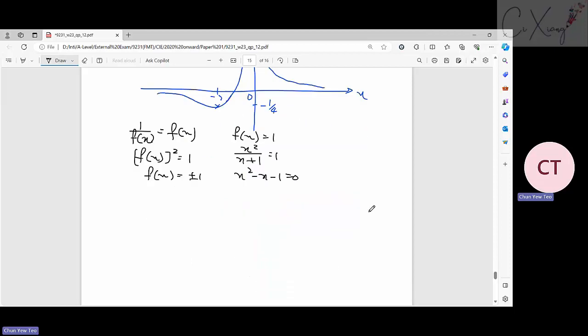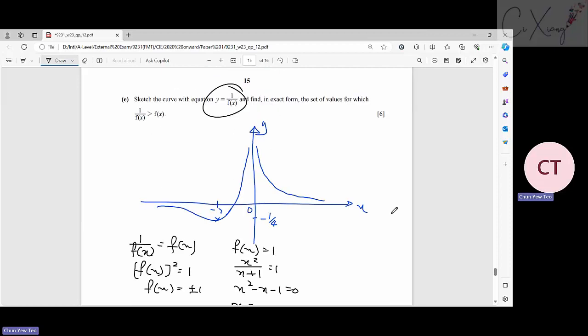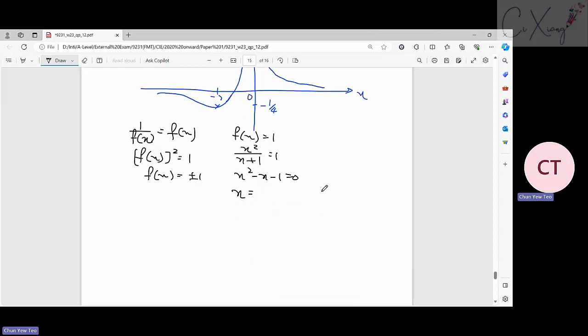From here, you will get the answer for x in exact form, because the question mentioned they want exact form. So your answer for x must be 1 plus minus square root 5 over 2.